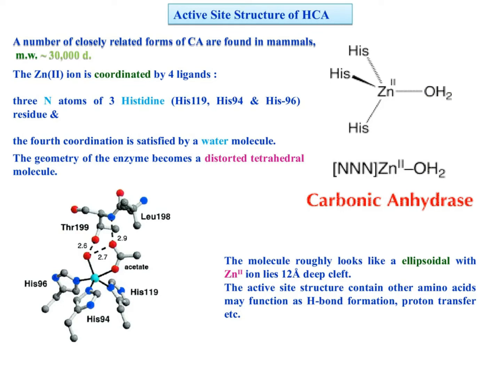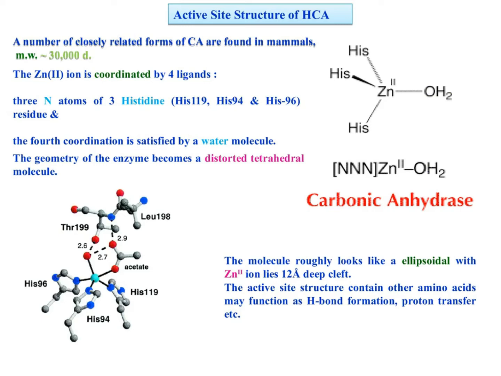Again, some other amino acids are present near the active site of this enzyme, which play an important role during the catalysis of hydration of carbon dioxide in the human body, and may function in hydrogen bond formation, proton transfer, etc.